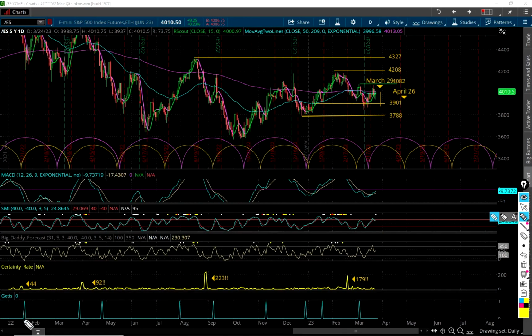You can see back here at the beginning of 2022, about late January, we had this spike, 44. Okay, right there. And it looks like it was right about the beginning of April we had a spike here. This one had an associated number of 92. Which, by the way, was right near a Getis indicator, but we won't dive into that.